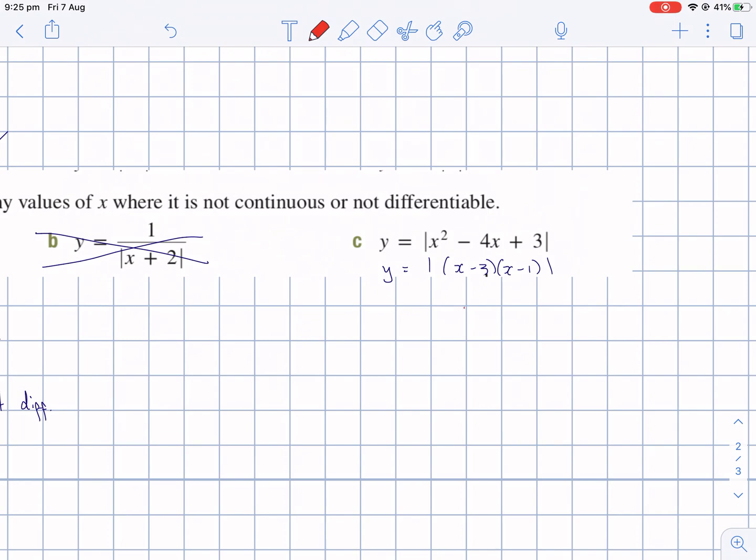So that's a quadratic. It would normally be like that, but because it's the absolute value one, it comes down and it reflects and it goes back up.